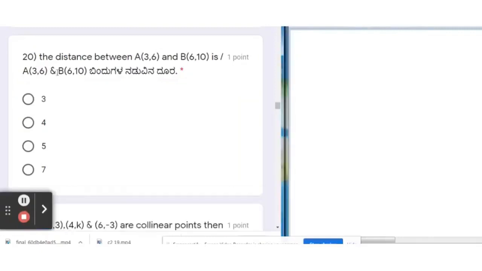20th question. The distance between the points A(3, 6) and B(6, 10) is. So to find the distance between A(3, 6) and B(6, 10), we have to apply the formula root over (x2 minus x1) whole square plus (y2 minus y1) whole square. It's a basic formula in coordinate geometry.